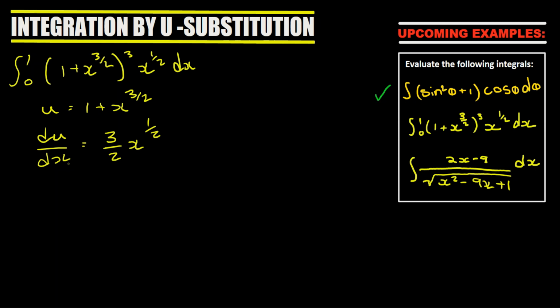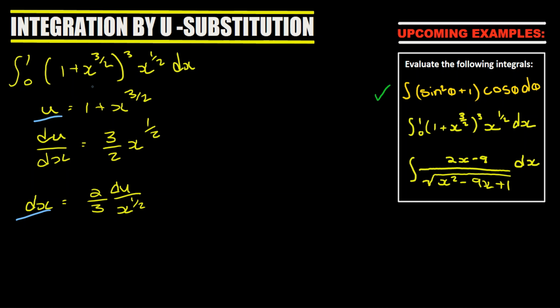Now we can find dx by making it the subject of the formula, which is equal to 2 over 3 du divided by x raised to a half. Now that we have dx and u, we can substitute it into our original equation.